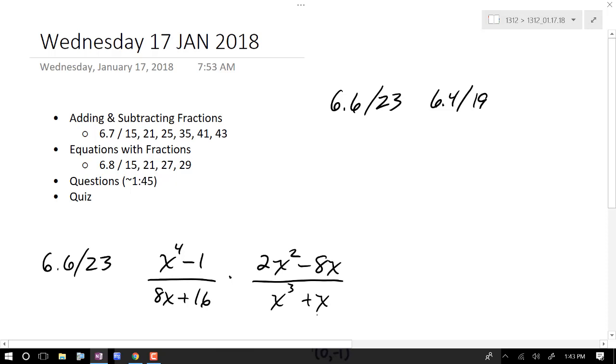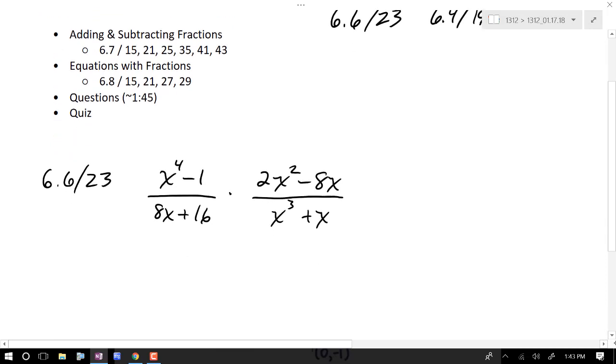All right, so we're going to multiply. This always begins by factoring, right? Sometimes people look at these and think, okay, multiply, let me just start foiling everywhere. No. Factor, cross stuff out. So the x to the fourth minus 1 is a difference of squares.